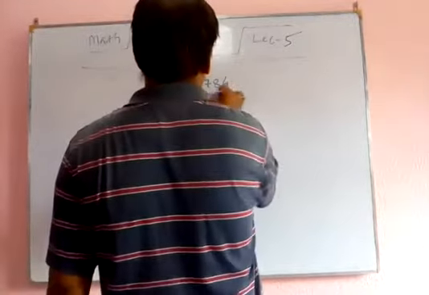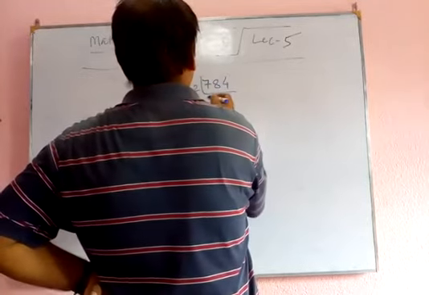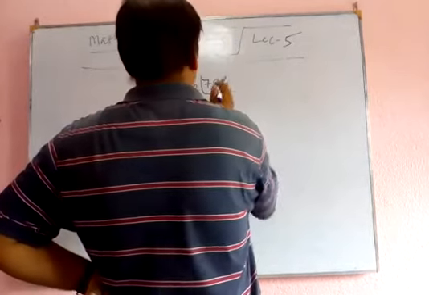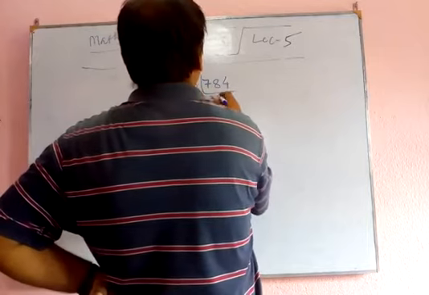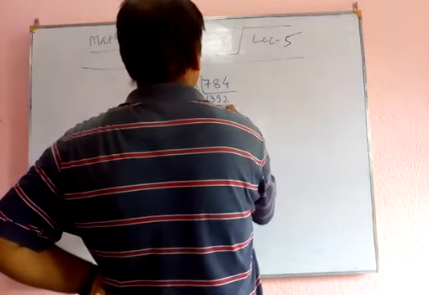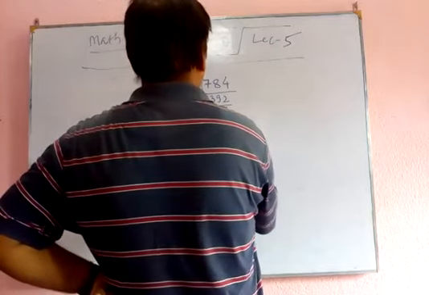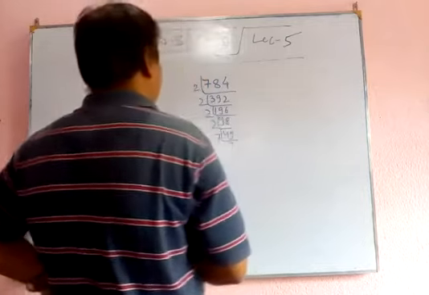So by the prime factorization method, we have to find out the prime factors of 784. So again by 2, again by 2, again by 2, now 7 into 7.